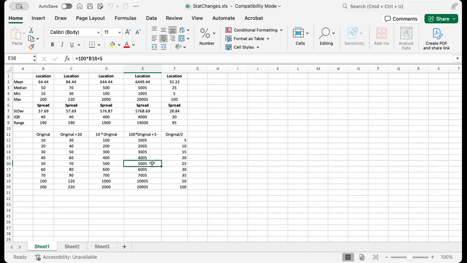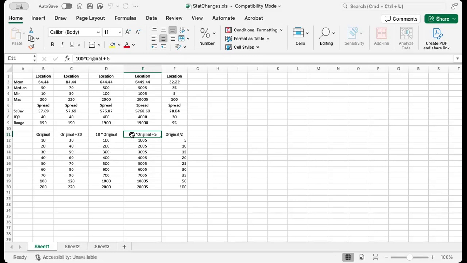Okay, now let's see what happens to both when we multiply the original by 100 and then also shift it by adding 5. So we multiply everything here by 100 and then we add 5 to it. That is what this row means. So this row means that we shifted and scaled. Is that okay? We shifted by adding positive 5. We scaled by multiplying by 100.